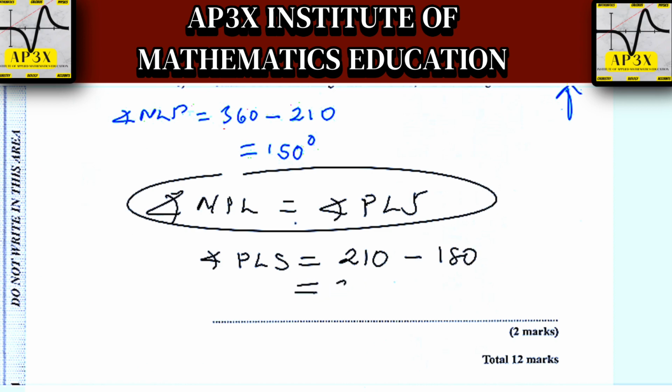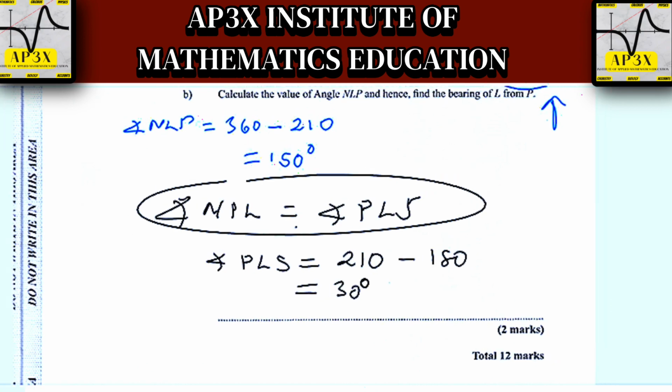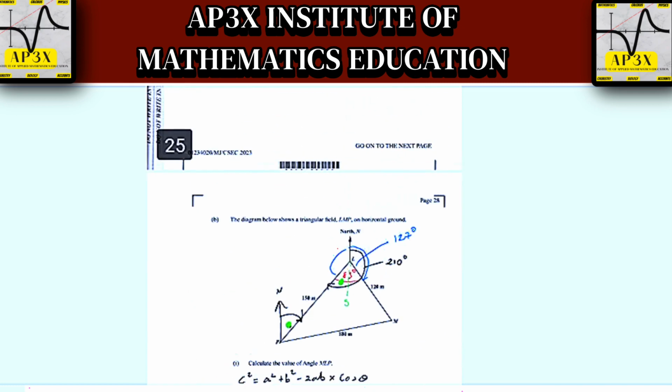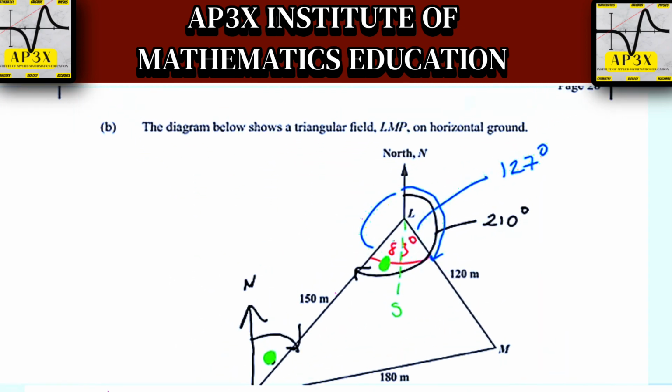So right away this is going to be 30 degrees. From north all the way to south is 180, and I have 210 coming past it, coming around like that, so I know right away that the angle inside here is 30.